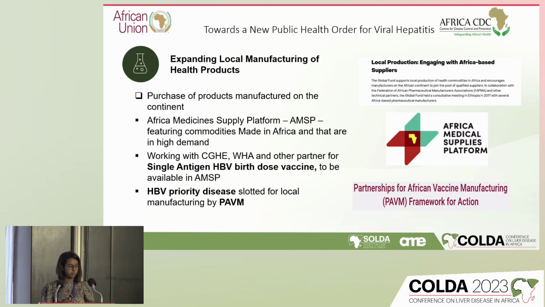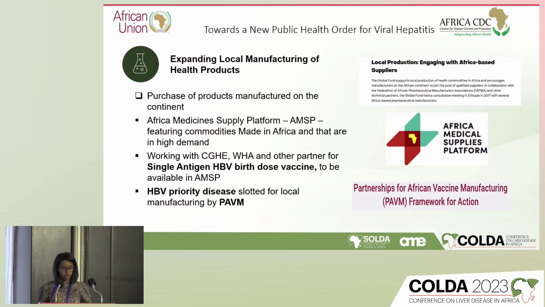In the short term, we are exploring ways in which the Continental Pooled Procurement Mechanism and the Africa Medical Supplies Agency that worked for COVID can be leveraged for viral hepatitis vaccines, drugs, and commodities. We're working with this AMSP partner, together with our partners in WHO, CHAI, and others, for the availability of a single-antigen HBV birth dose vaccine on the continent.